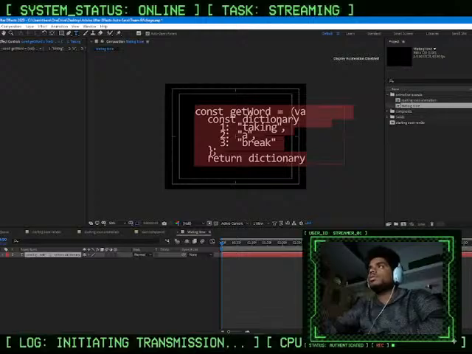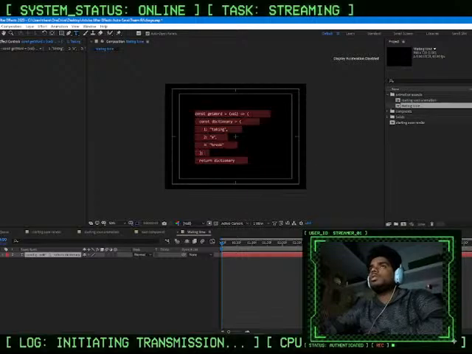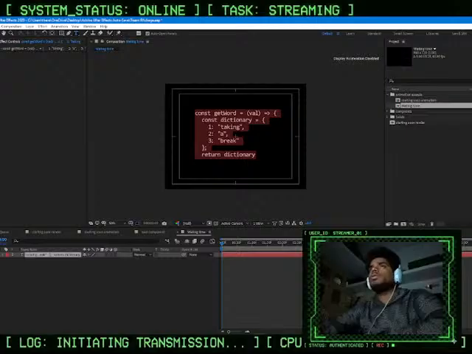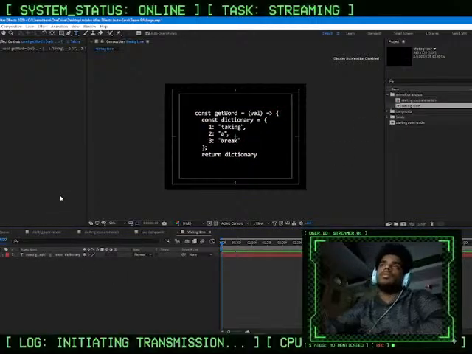Open it and reduce this. This will go space here.